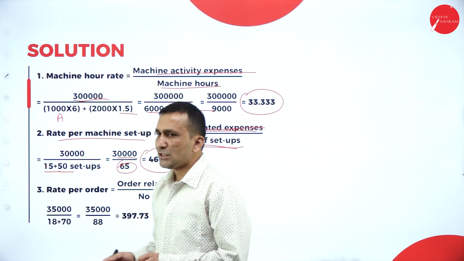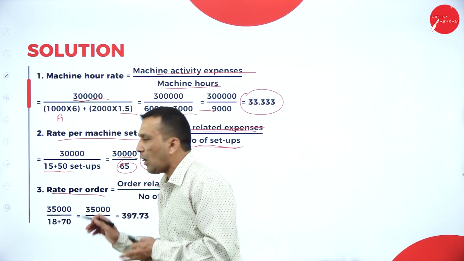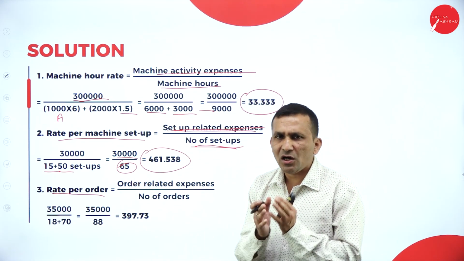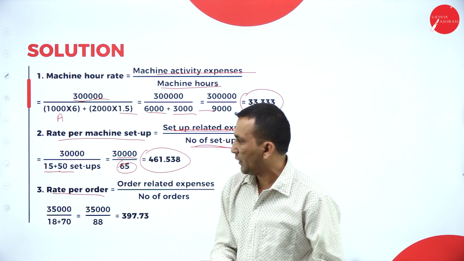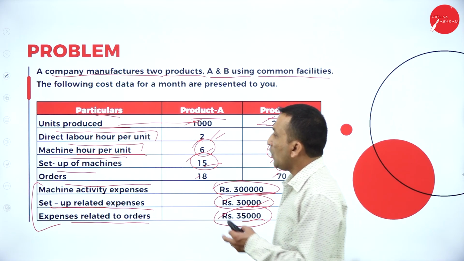Now there is one more activity we have identified, which is order related. We need to find the rate per order. The formula is order related expense divided by number of orders. The order related expense given is 35,000.